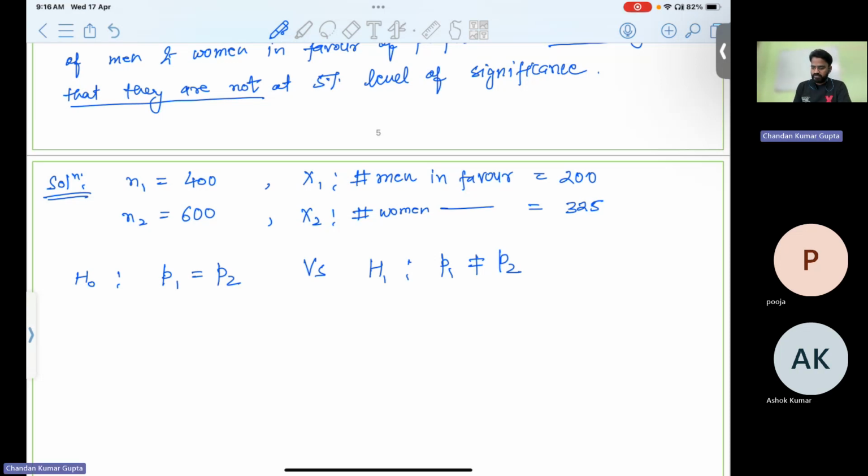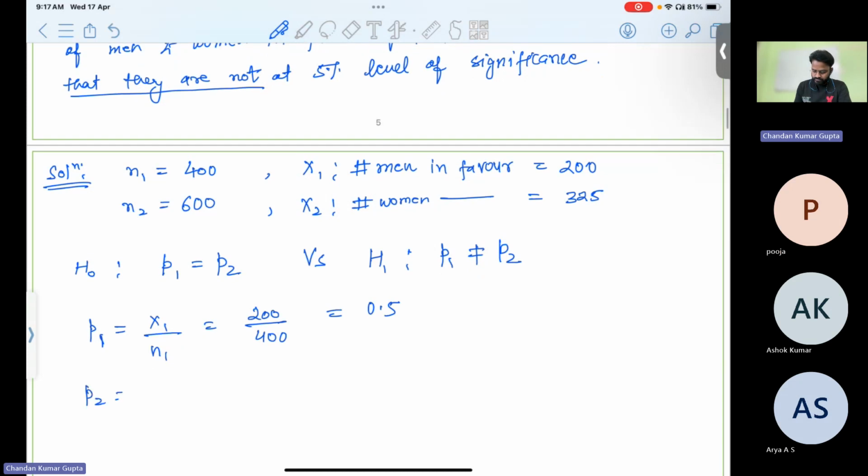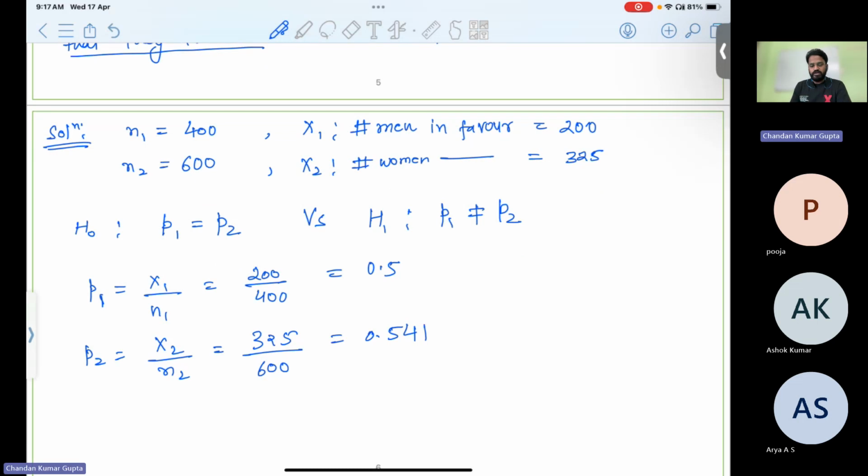So what is p1 here? x1 upon n1, which is 200 upon 400, which is 0.5. p2 is x2 upon n2, 325 upon 600, which comes out to be 0.541. Okay, so we have framed our hypothesis.